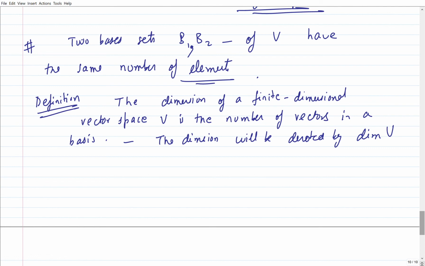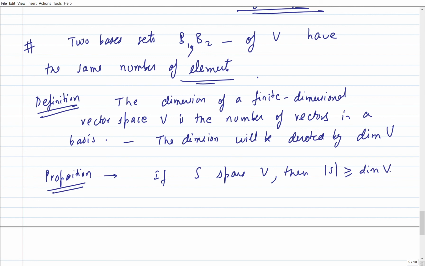Okay, so finally, the last part of this lecture, I have the proposition which says that if S spans V, then the number of elements of S is greater than or equal to the dimension of V, and equality holds only if S is a basis. It's really easy to show.